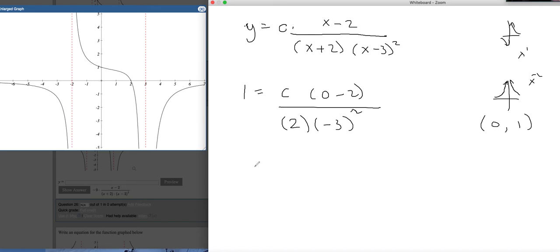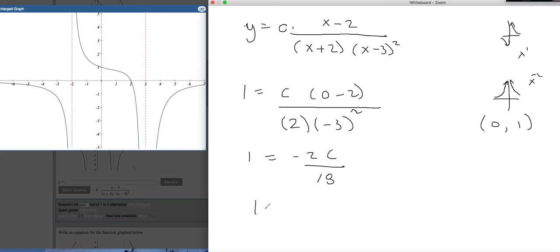So we're at 1 equals 0 minus 2 times c, so -2c up top. And then downstairs we have 18, because that would be -3 times -3 for +9 times 2.